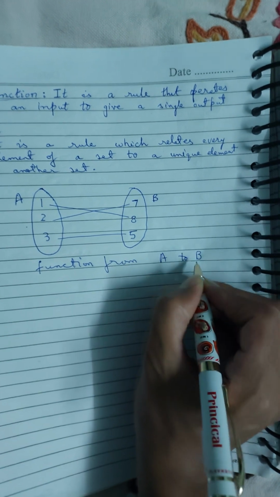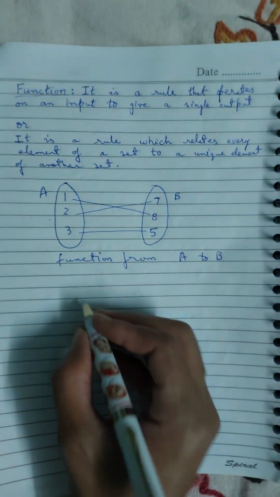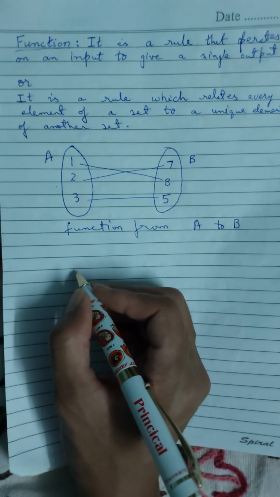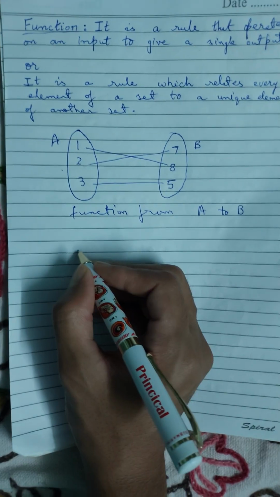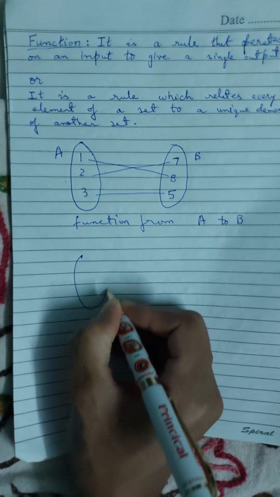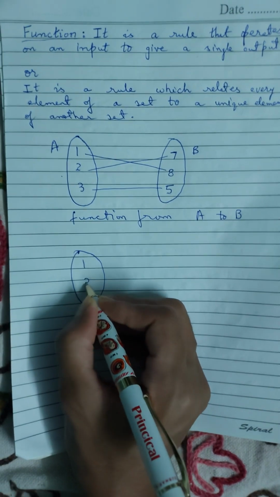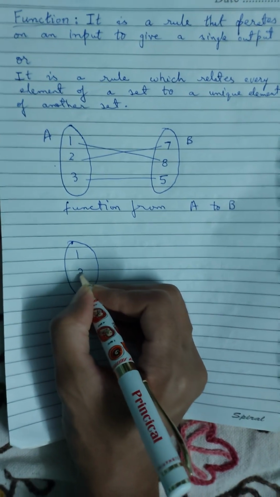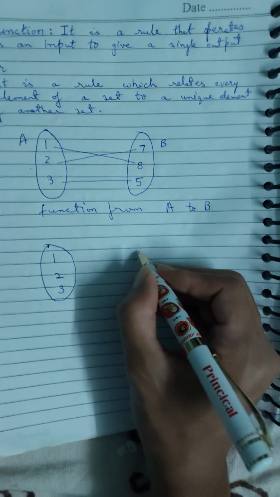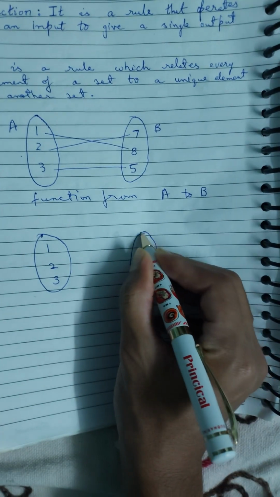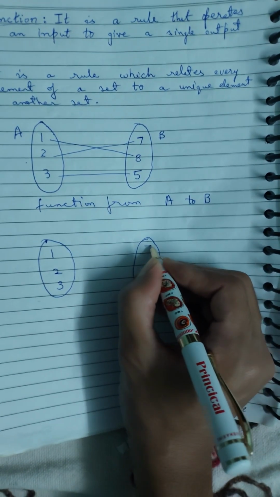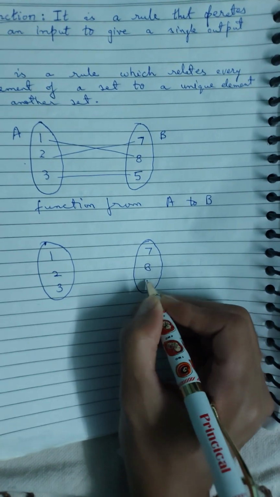But if we now have it like this, 1 2 3, similar sets, set A and set B again, 7 8 5.